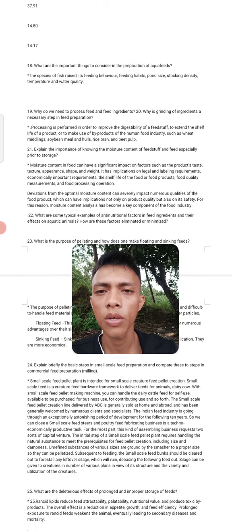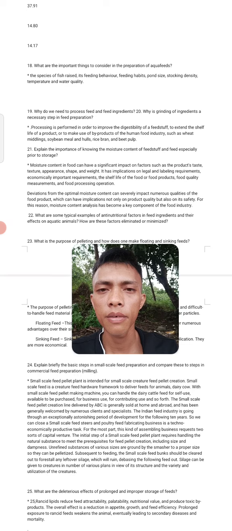Number 19. Why do we need to process feed and feed ingredients?